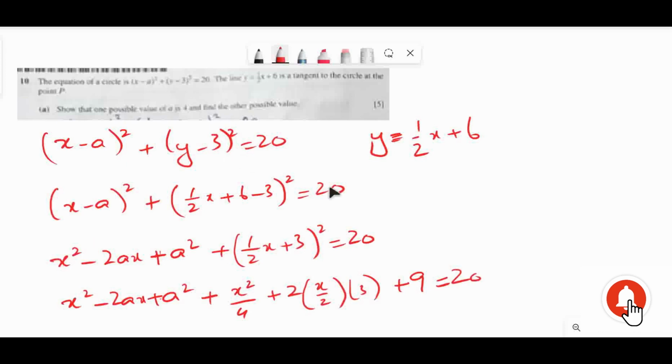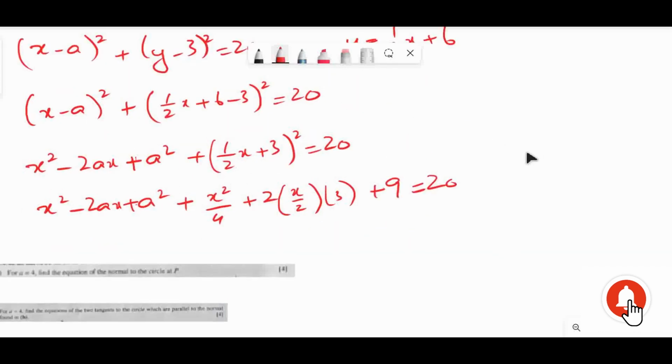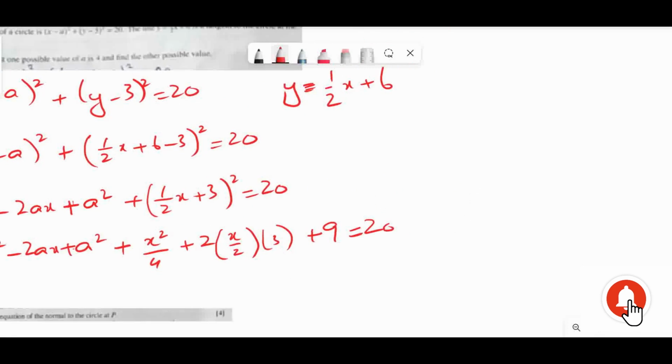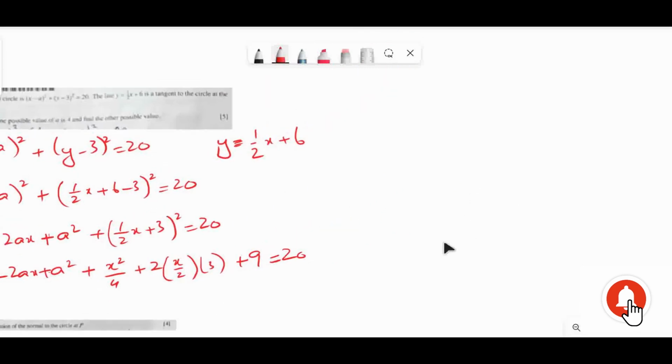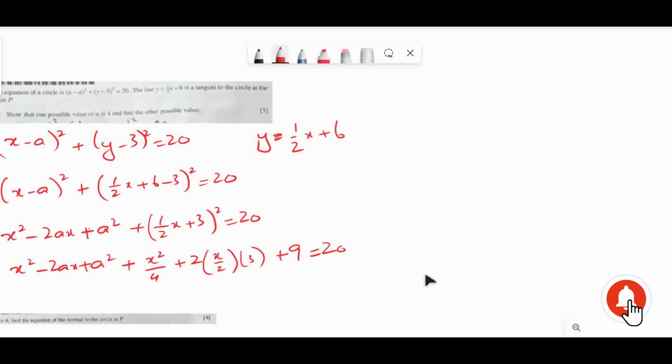Now how can we simplify it further? We can cancel out these two.